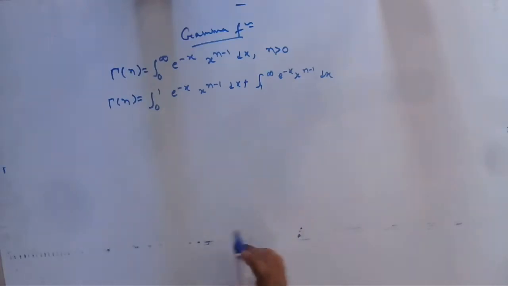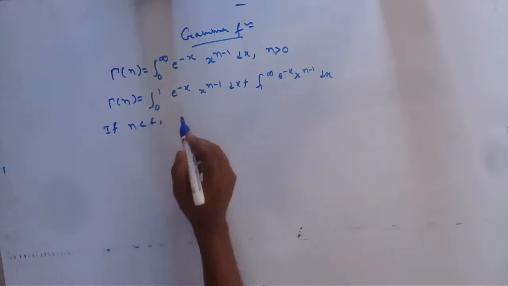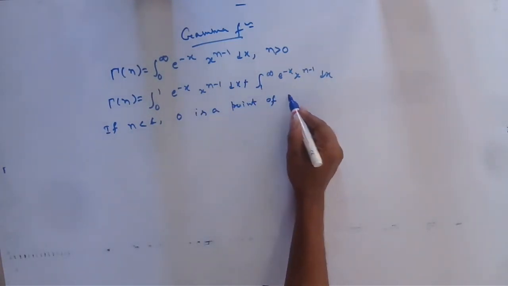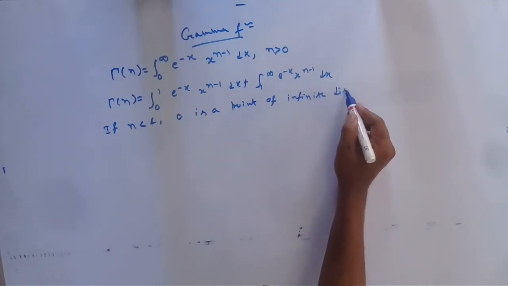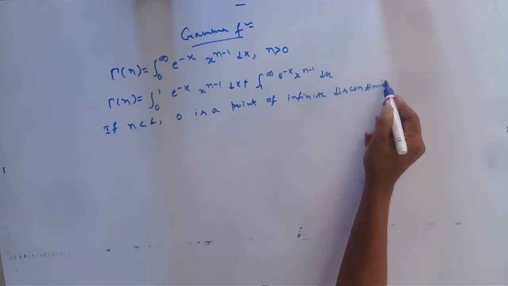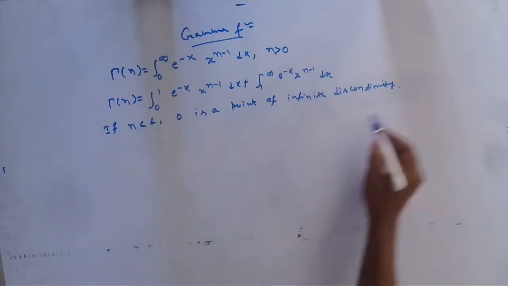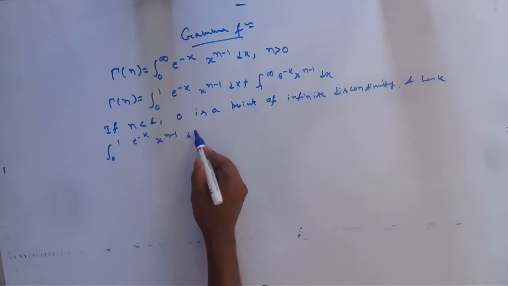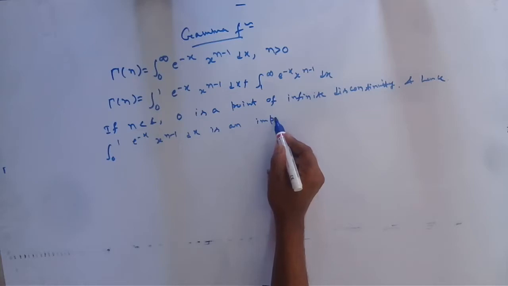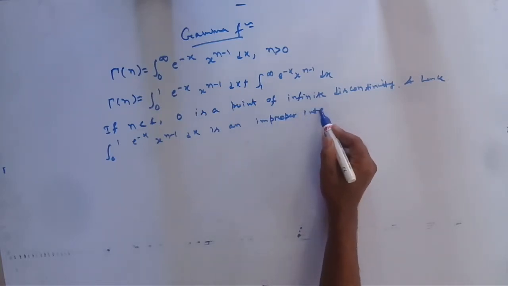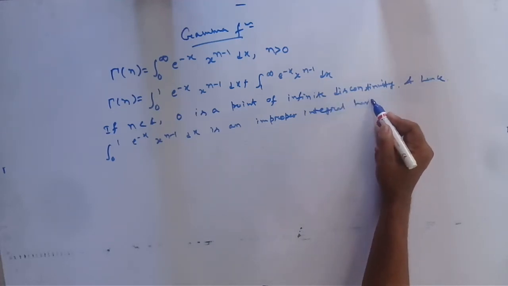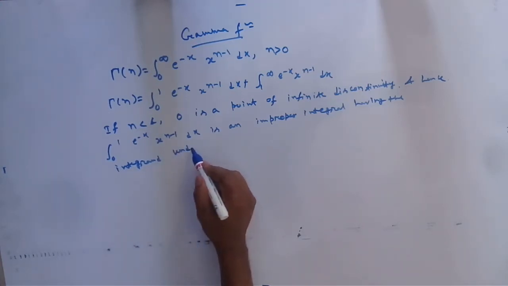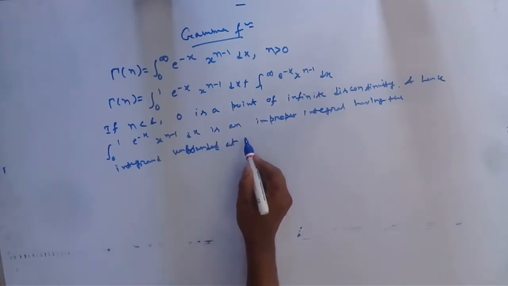We note that if n is less than 1, then 0 is a point of infinite discontinuity, and hence integration 0 to 1 e to the power minus x, x to the power n minus 1 dx is an improper integral having the integrand unbounded at 0.